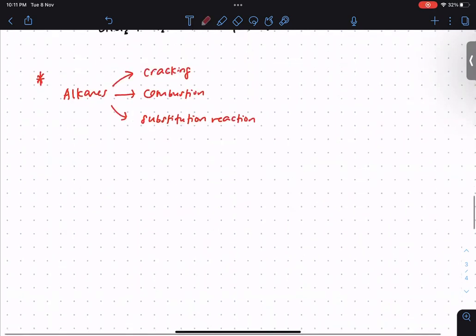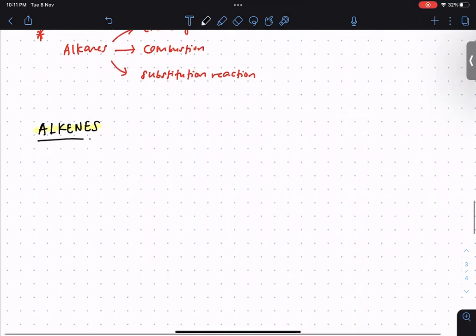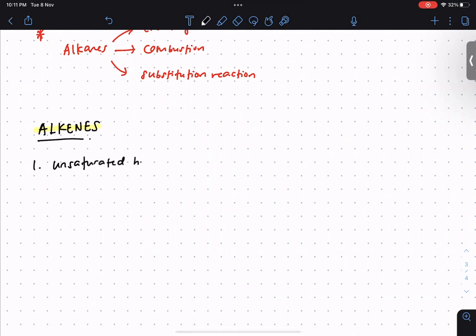And then we'll do a bit more. So we have now the alkenes. For the alkenes, they are called unsaturated hydrocarbons.